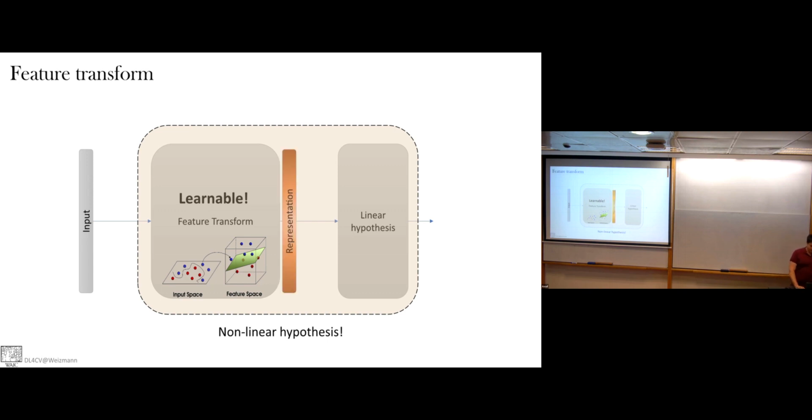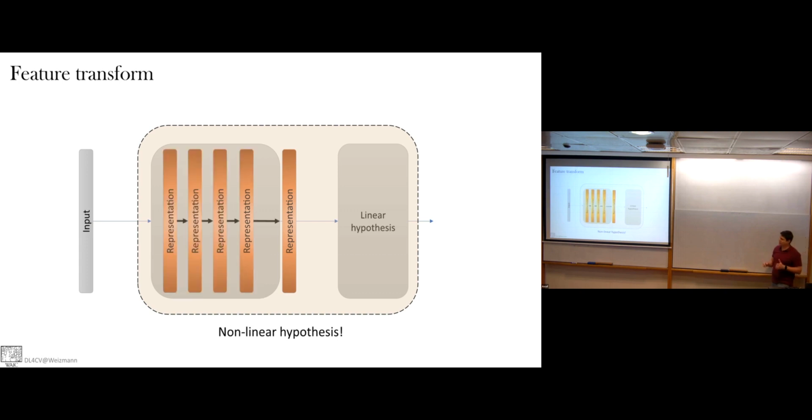And not only that. Last time we were talking about, okay, we do this transformation, we have this representation, and then we have some hypothesis, some linear maybe hypothesis on top of it. But it's actually even more than this, because it's going to be this hierarchy. At every layer, as we call it, we're going to have a representation of the data until we finally get to the output.